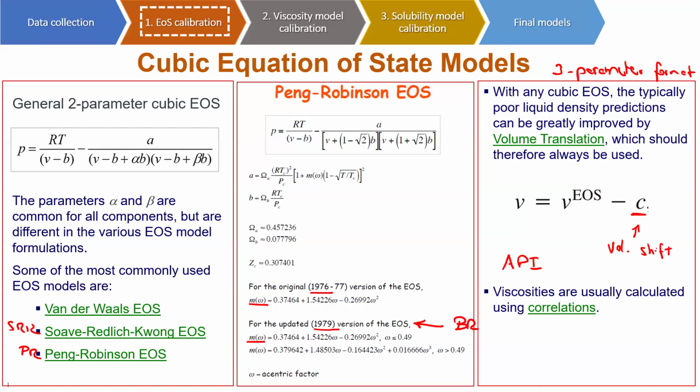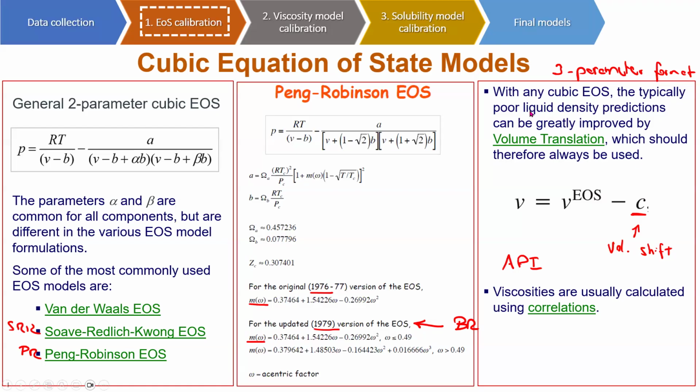So I do recommend you to consider using this third parameter to reproduce density, even gaseous density for more complex mixtures. So when you try to match very complex mixtures of gas, even gas, this third parameter can help you to reproduce the lab experiments, okay? So this is the summary for us.